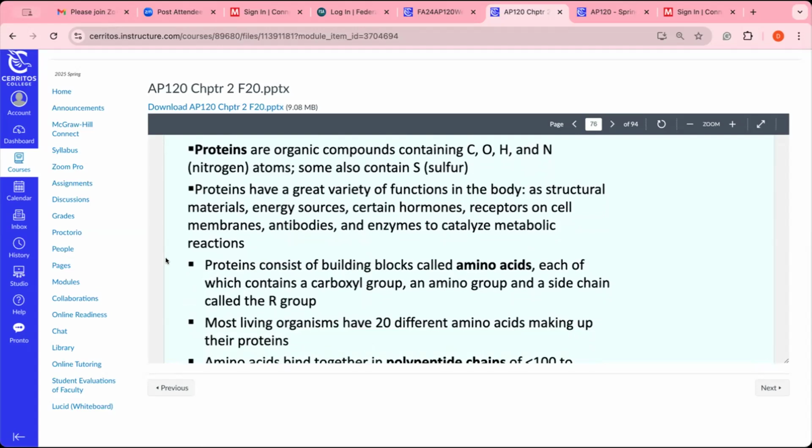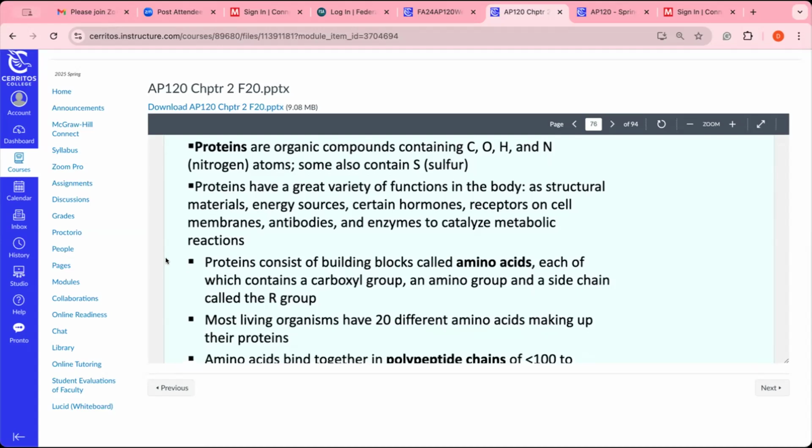Some also contain sulfur. Proteins have a great variety of functions in the body as structural materials, energy sources, certain hormones, receptors on cell membranes, antibodies, and enzymes to catalyze metabolic reactions.